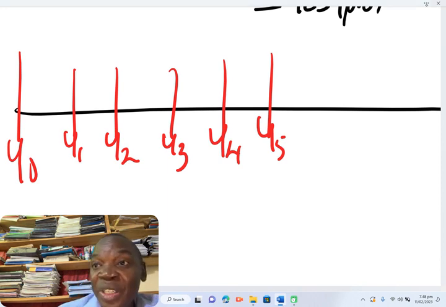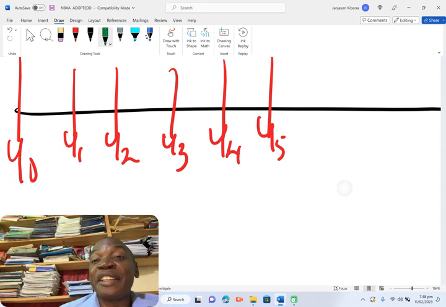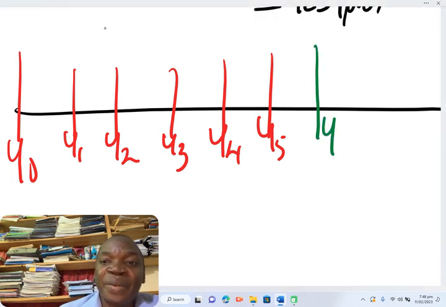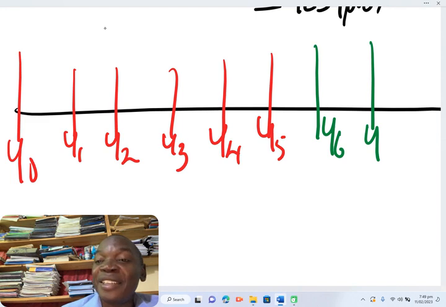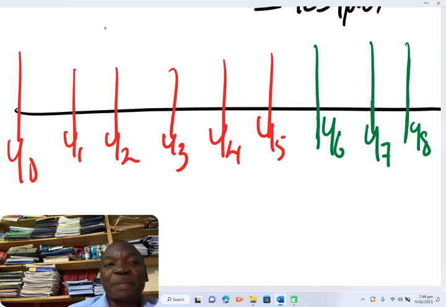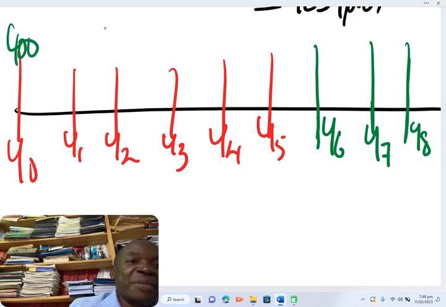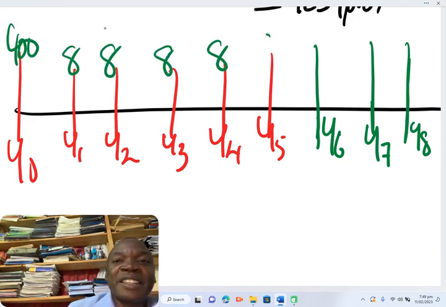Tutakwenda kitu kingine. Change in green. Then we have year 6, year 7, year 8. That is in green. You see? Kwa depreciation inaliwa kwanza tunaanza 400 million. Hapa kuna 8. Tumetoka hapo, si ndio?